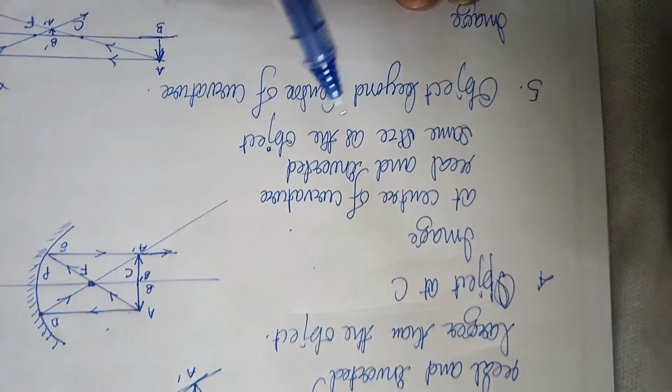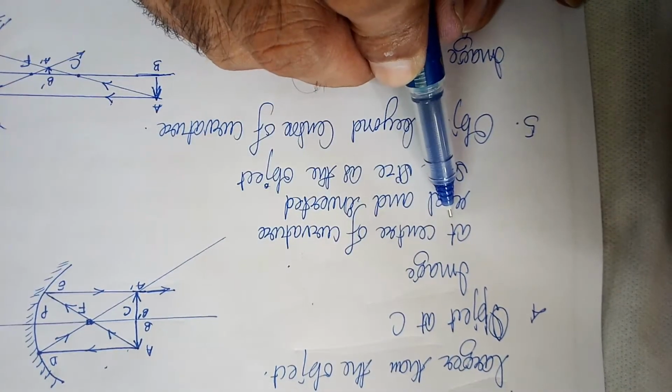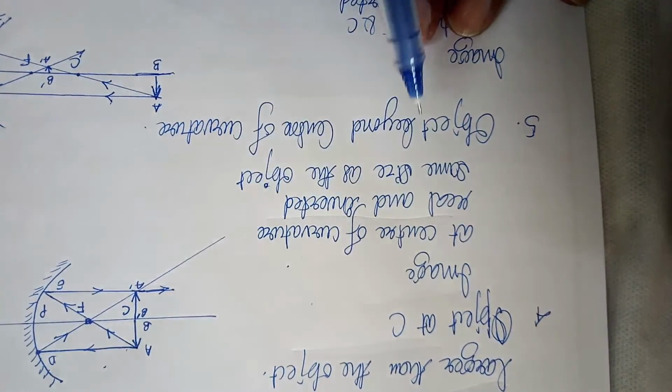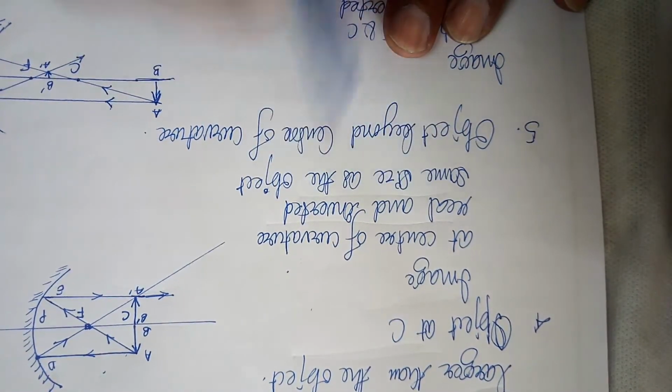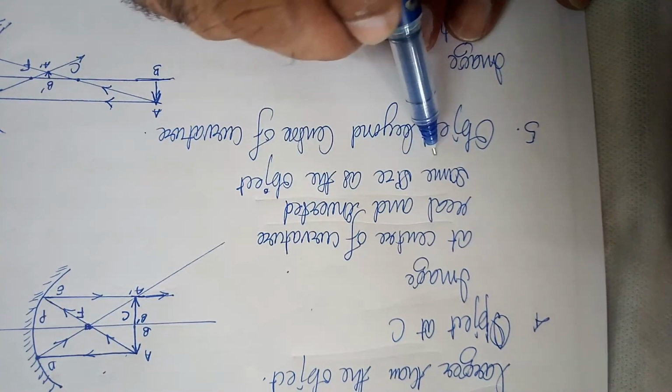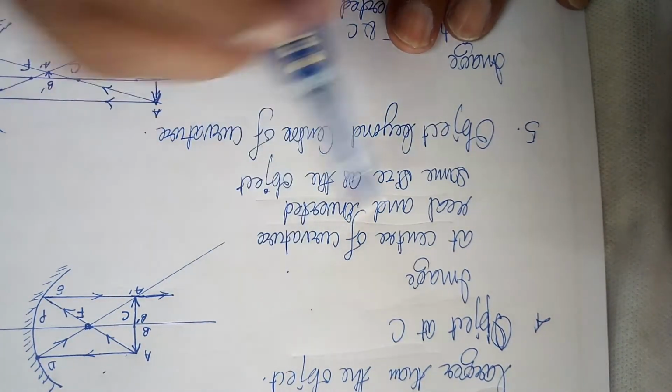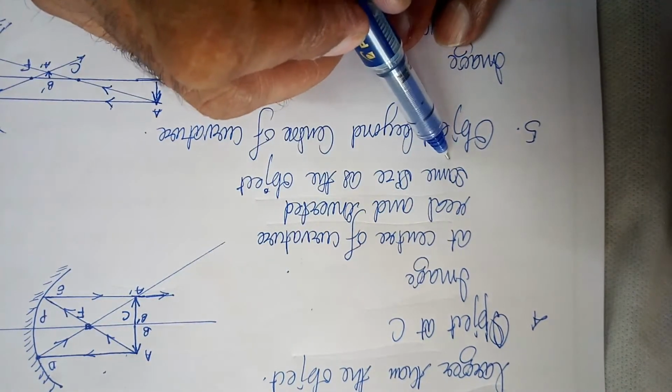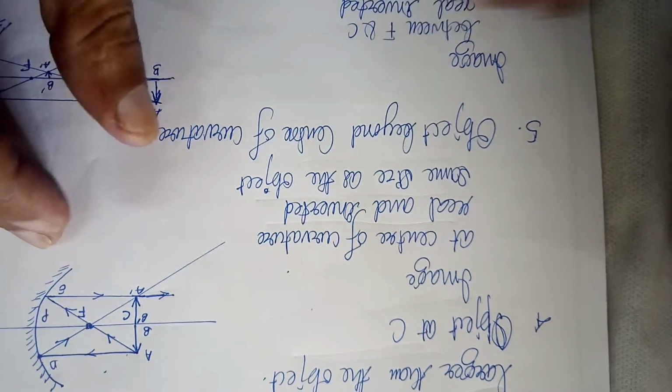So the image formed is at the center of curvature, and it will be real, inverted, and the same size as the object.